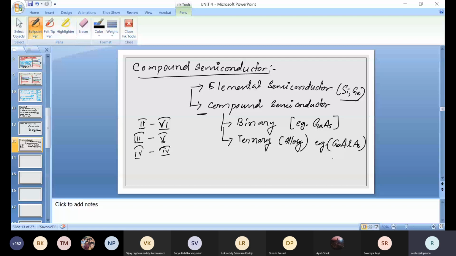Now, if I consider these three types of combination, they are going to give me the binary compound semiconductor. Why? Only two elements are used here. Example, gallium arsenide.